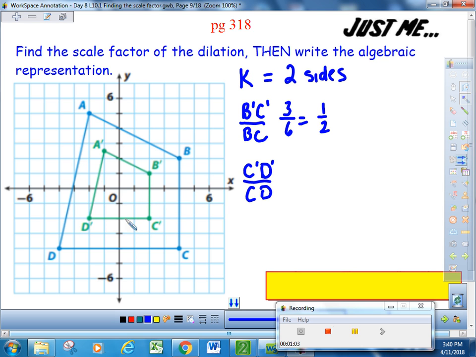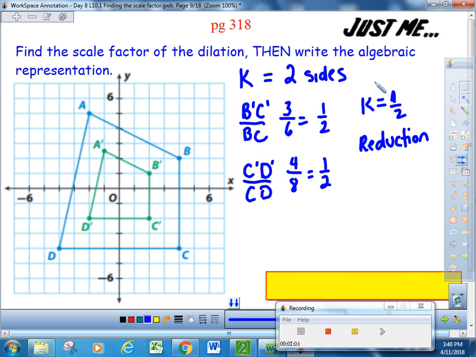And this is 1, 2, 3, 4 over 1, 2, 3, 4, 5, 6, 7, 8. 4 over 8 simplifies to 1/2. My k is 1/2. So I found the scale factor. It's between 0 and 1, so this is a reduction.